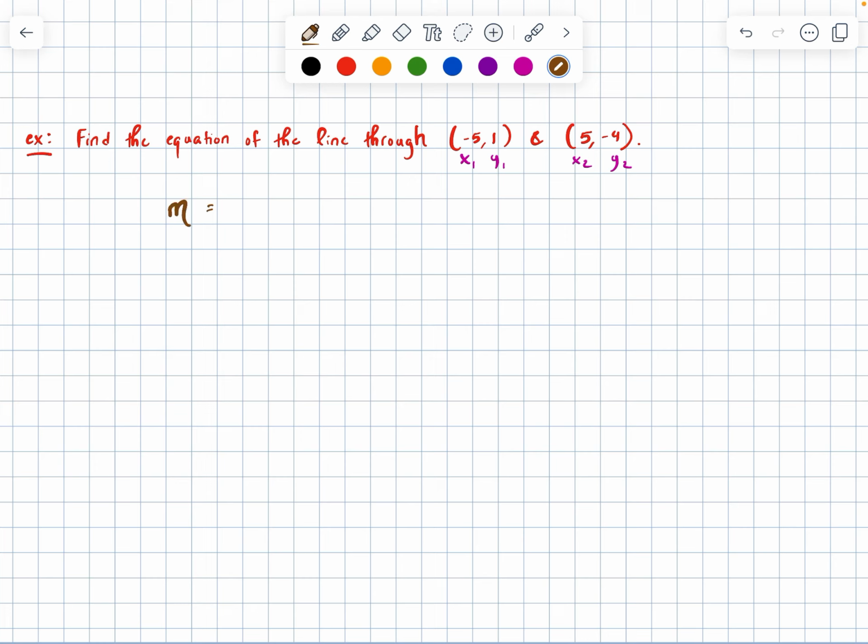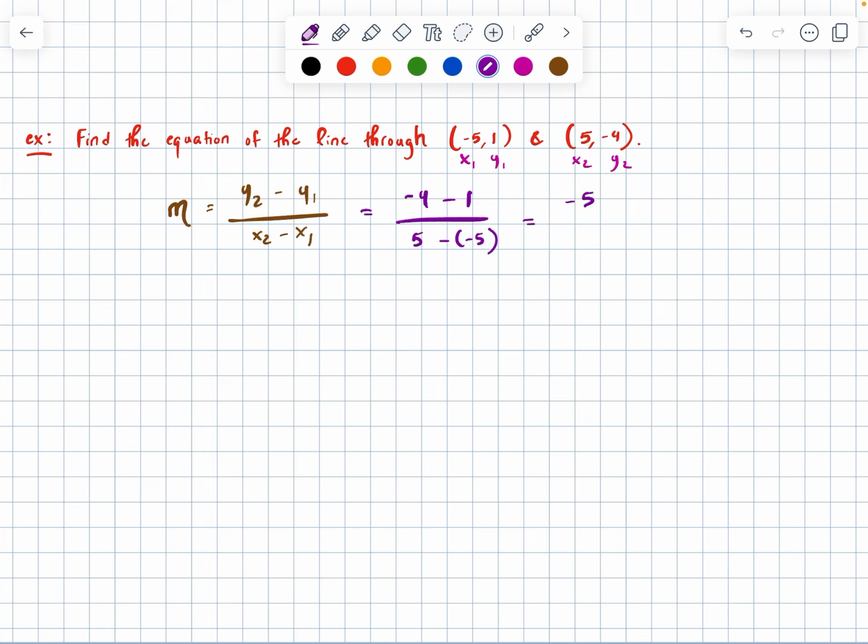To find slope, again, I know that slope can be calculated by taking the difference of the y values and dividing it by the difference of the x values. Slotting everything into place. y2 is -4 minus y1 is 1 over x2, which is 5, minus x1, which is -5.